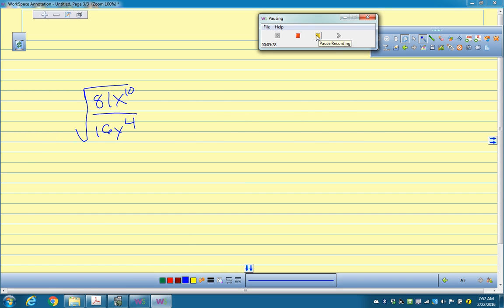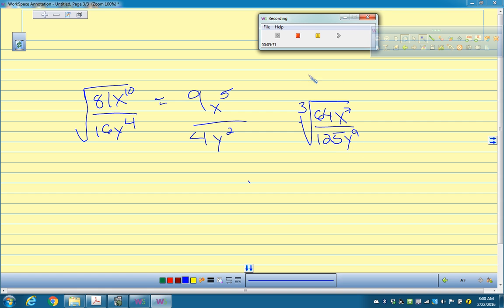Go ahead. Okay, we're trying this one right here. I think you could pull out everything out of the bottom, but you can't pull out everything out of the top, right? Is that right? Yes, Jessica, that's correct. Very good. Go ahead, Chase, what do you do? 4x squared.